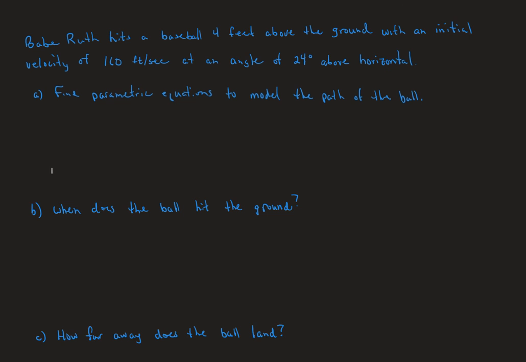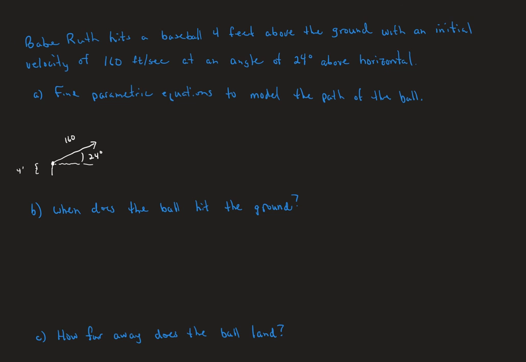Okay, so let's see. Here is our spot that's 4 feet above the ground, and that ball is going to take off at 160 feet per second. That's going to be the magnitude of that vector, and this angle is going to be 24 degrees.